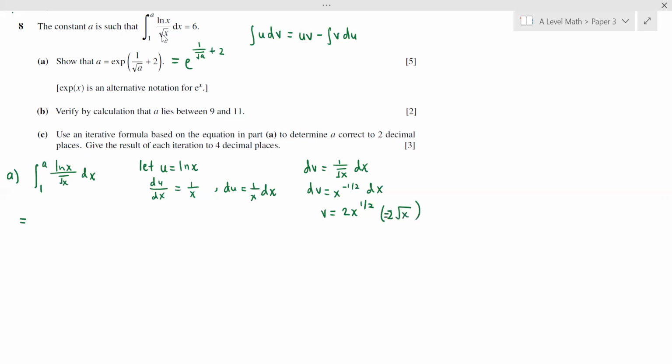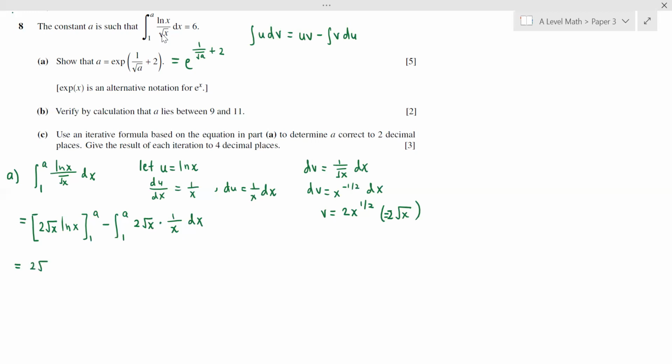Then you have uv, that will give us 2 square root of x ln x from 1 to a, minus the integral of v du. So we have 2 square root of x, and du is 1 over x dx. We can evaluate this straight out.